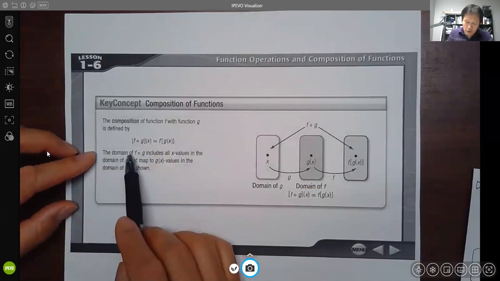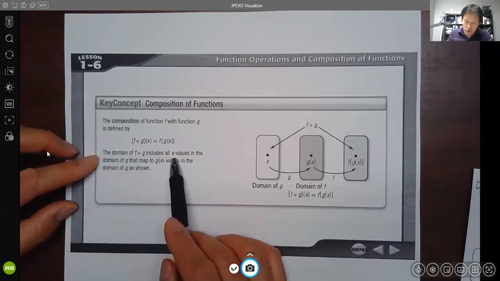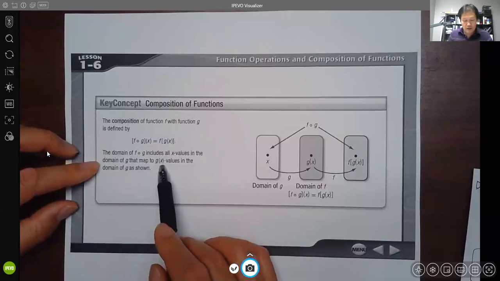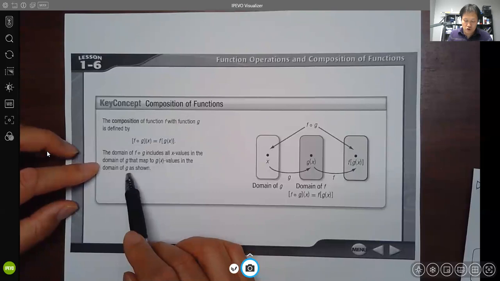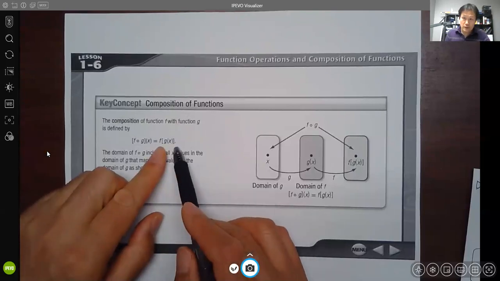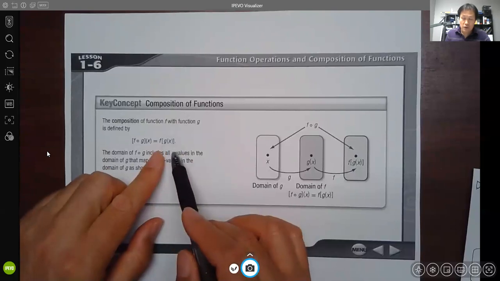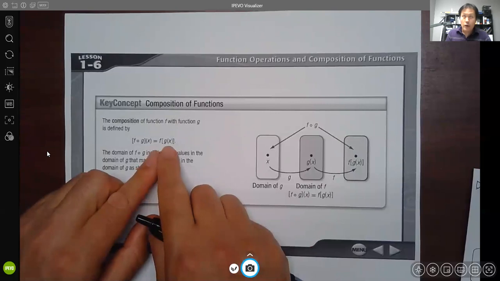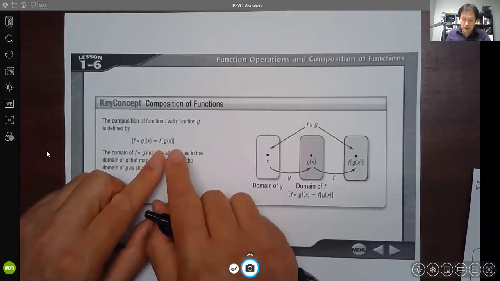The domain of f of g includes all x values in the domain of g that map g of x to values in the domain of f, as shown. So after you make a composite function, how do you find the domain of that? Make sure x satisfies the domain of g.